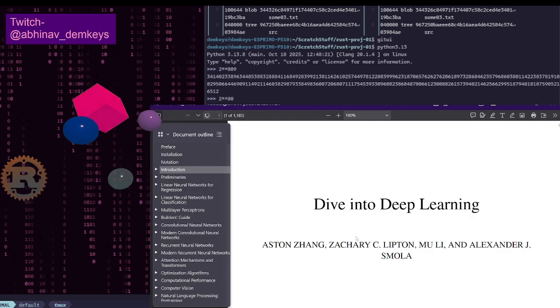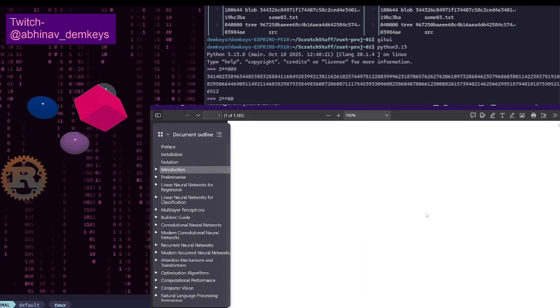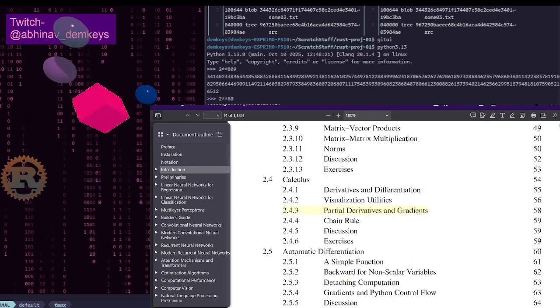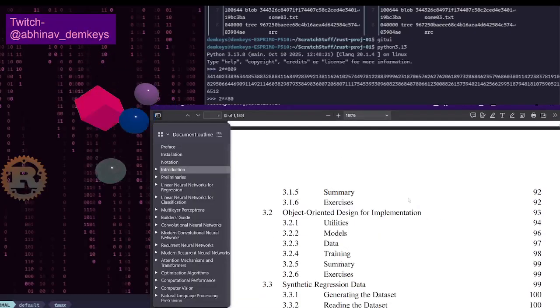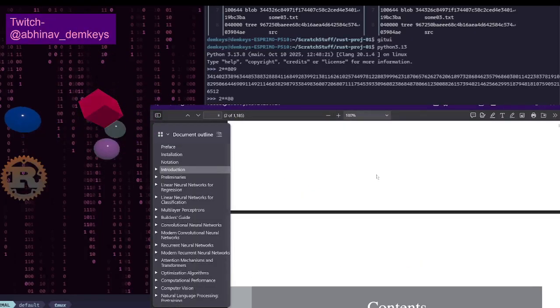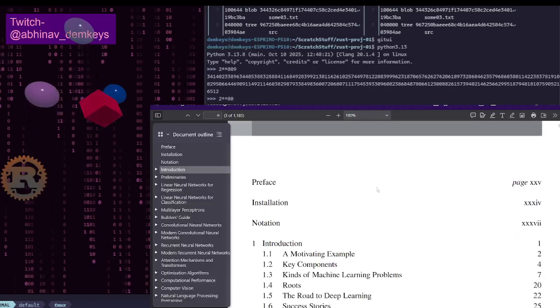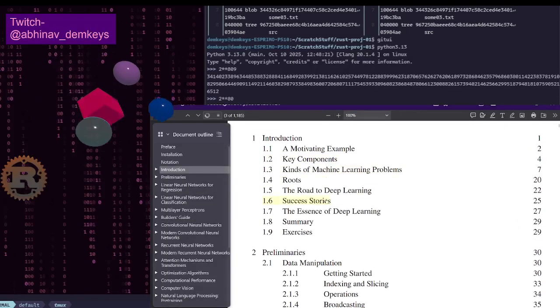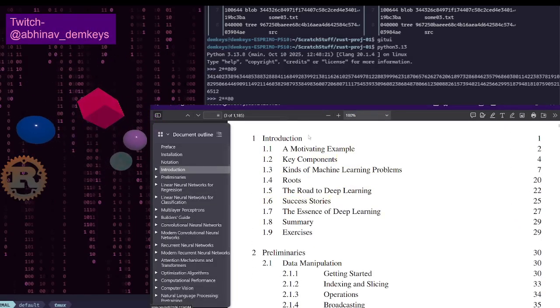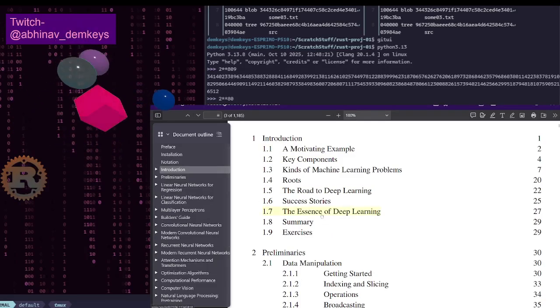So the book is called Dive into Deep Learning, and here is the introduction. Actually, I can show you this. This covers the various topics in the index. In the introduction, it gives a whole bunch of theory, history, and all of that.